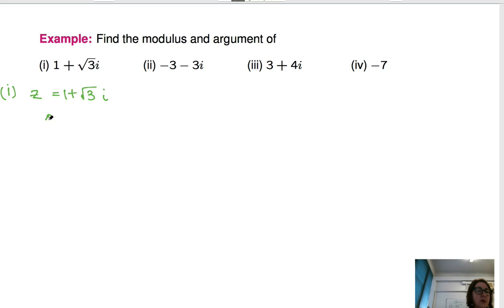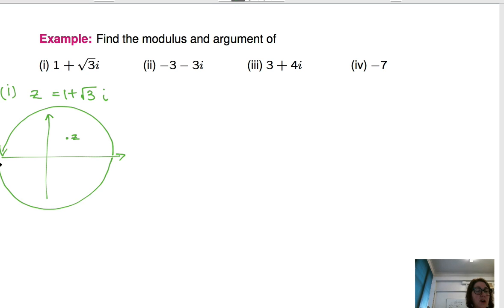Okay, so I strongly recommend that you draw a picture, just a very simple picture, to show where the complex number is, because remember I said if the complex number is in the first quadrant or the second quadrant, we're going to measure the angle that way. But if the complex number is in the third quadrant or the fourth quadrant, we're going to measure the angle that way.